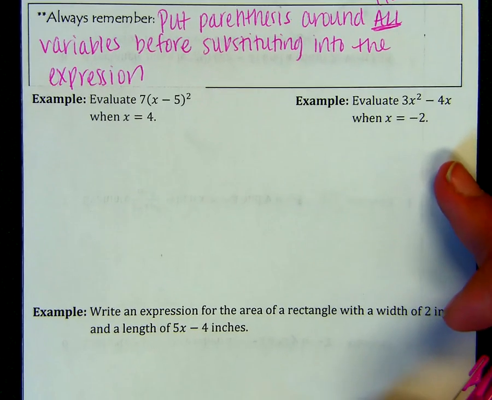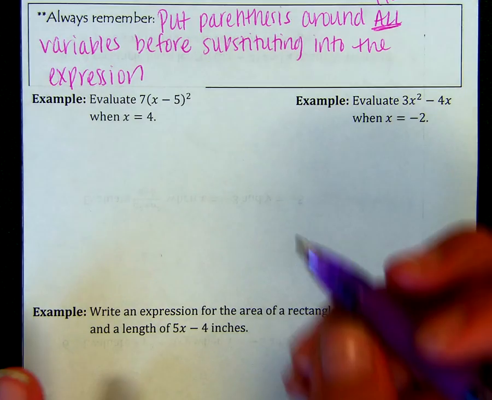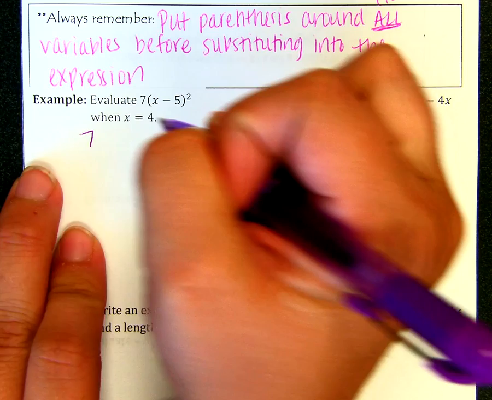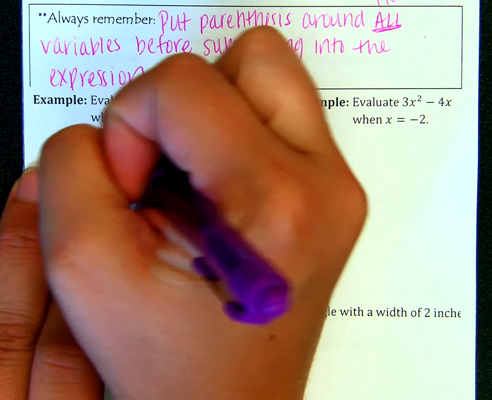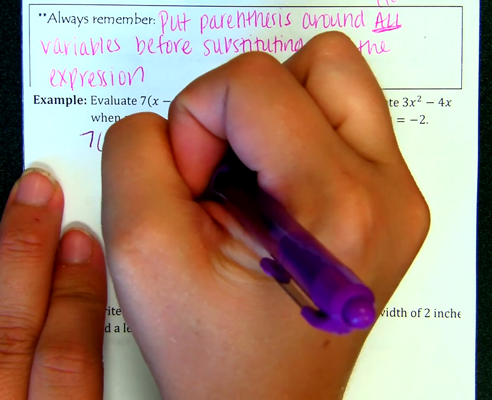So let's look at our first example. It says evaluate 7 times x minus 5 to the 2nd power, and they want to know when x is 4, what is our answer? The first thing we do, remember, is put parentheses around our variable. So I would rewrite this as 7 times (x minus 5) squared.